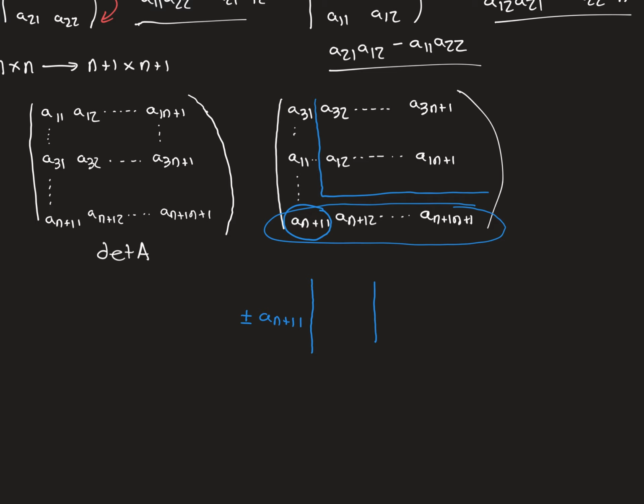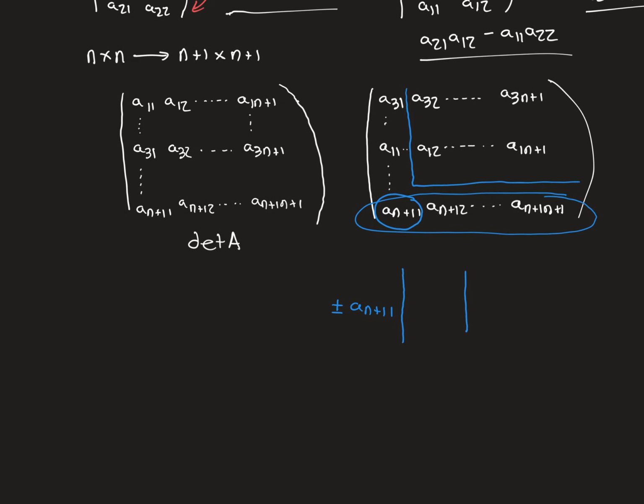Now I also want to write out what the determinant would have been over here. If we do Laplace expansion on the original n plus 1 by n plus 1 matrix, again using that same row, we would have had a_{n+1,1} times the determinant of this reduced matrix here.